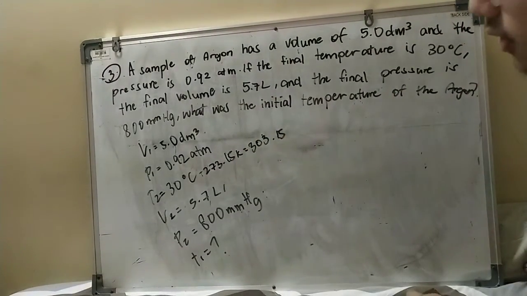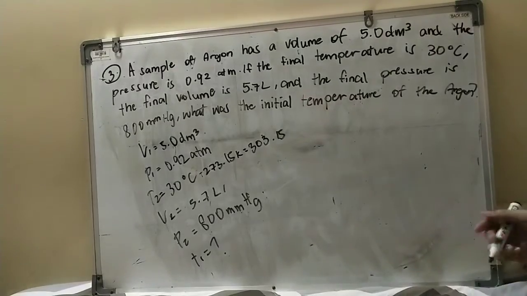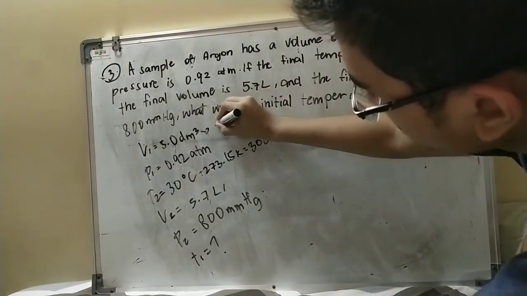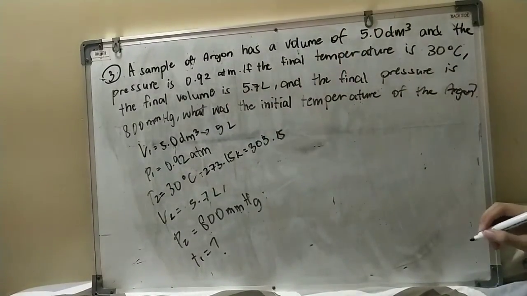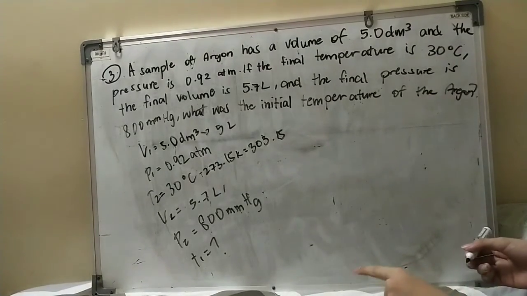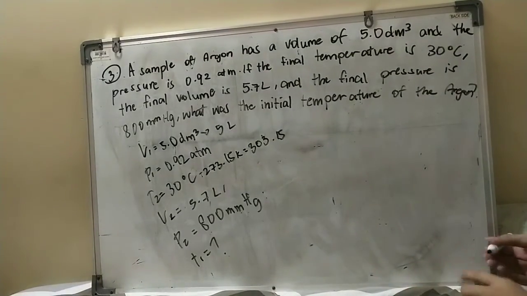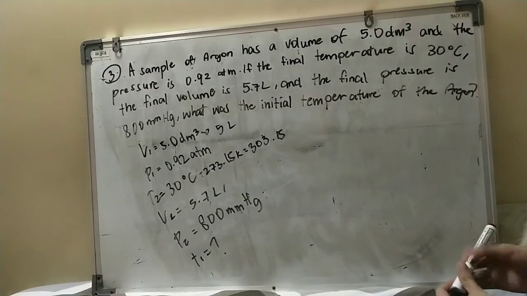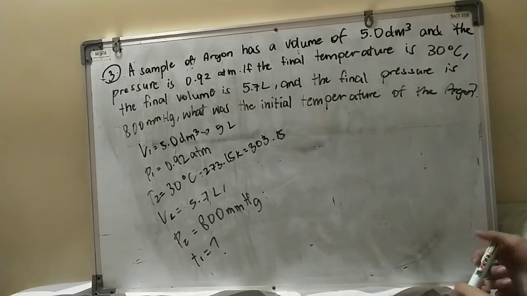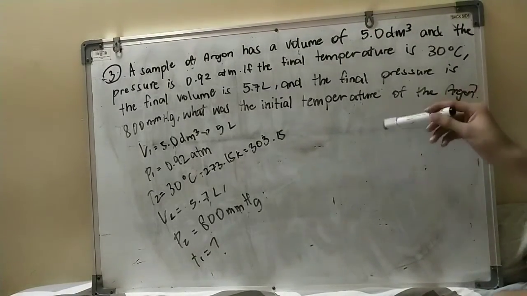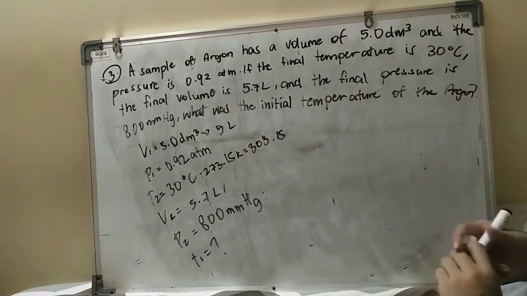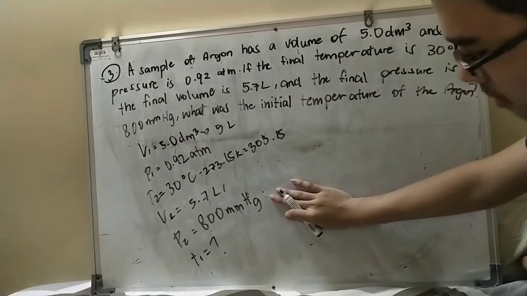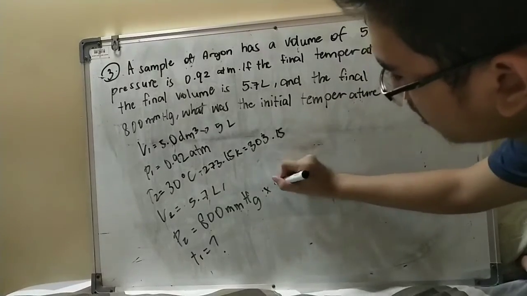So, to convert decimeters cubed to liters, all you have to do is to simply multiply it by 1. Then, our pressures are atmosphere or mmHg. You can either choose what you're going to use for this equation, but since our standard unit right now is atmosphere, we're going to use atmosphere. So 800 mmHg, we're going to convert it to atmosphere.